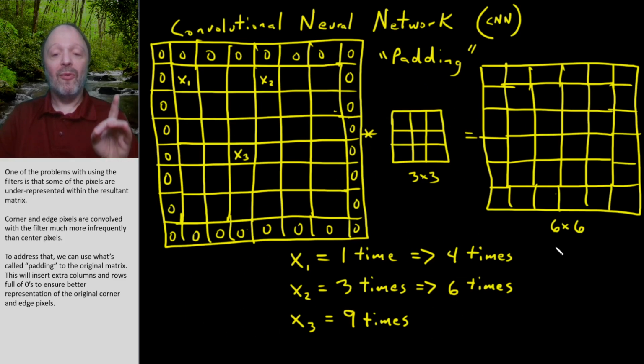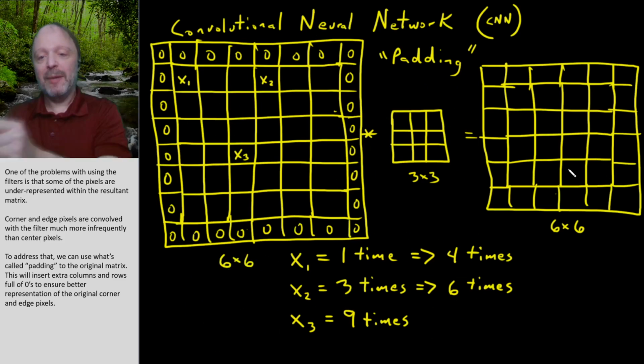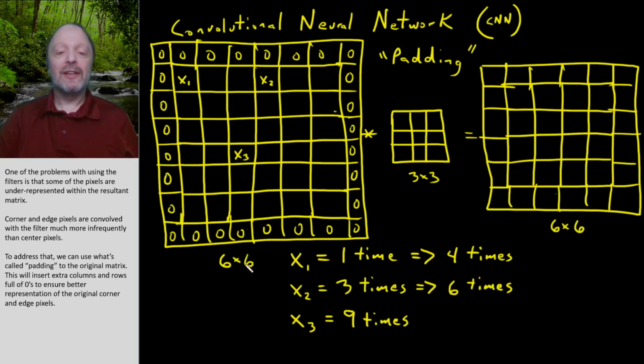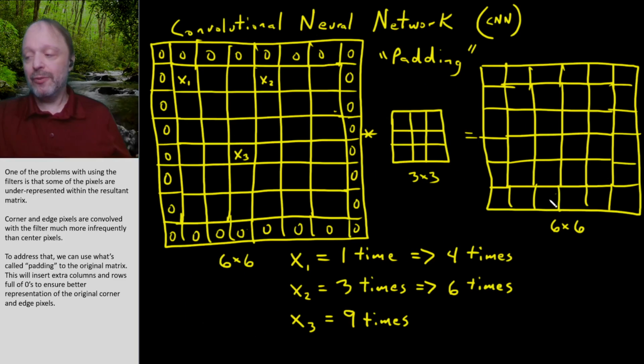So what happened? We started with a 6 by 6. We added padding to the 6 by 6, and the result was a 6 by 6. So padding can not only be used to give more impact to the corner and edge pixels on your image, it can be used to preserve the size of your matrix. You start off with a 6 by 6, you end up with a 6 by 6. So that's what padding can do for you.